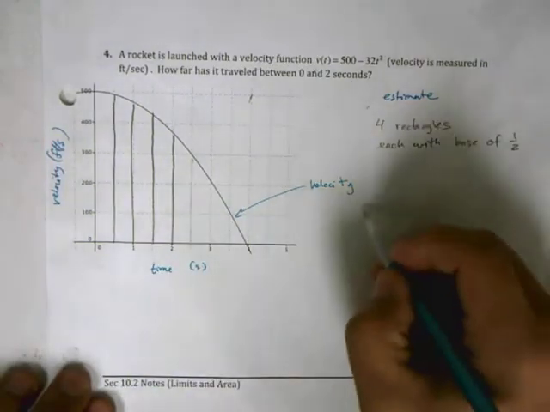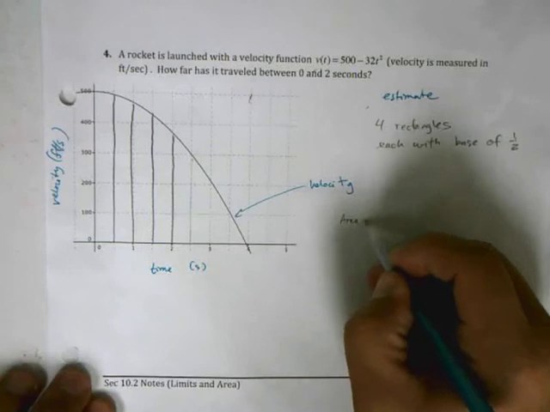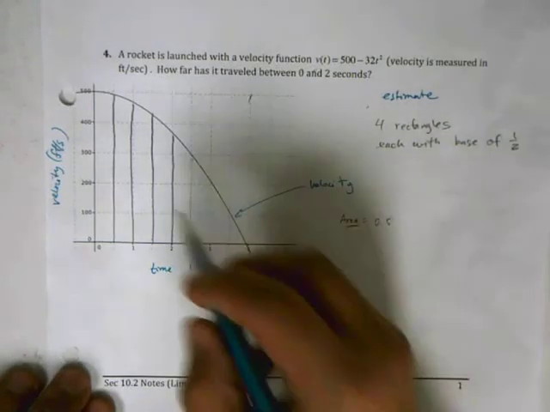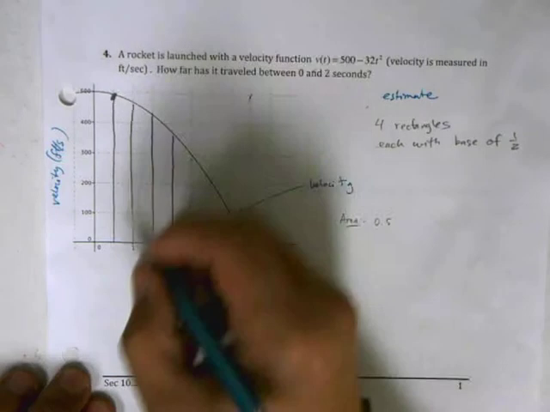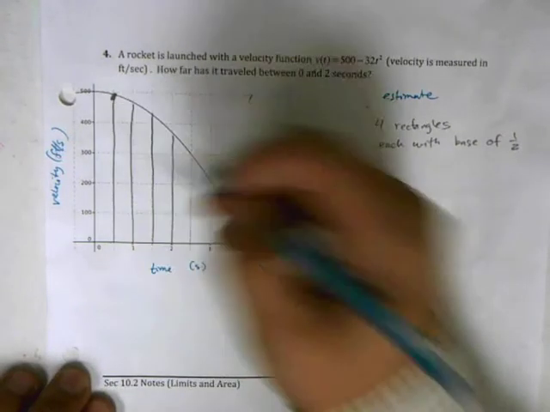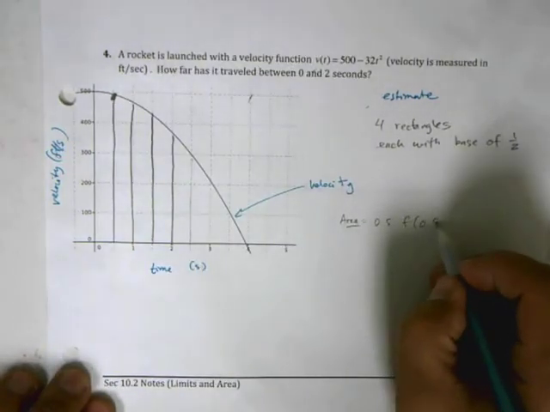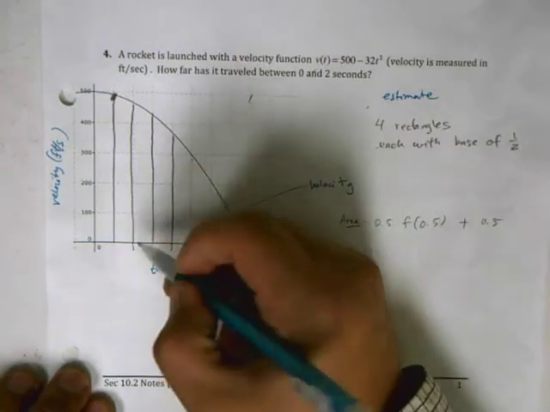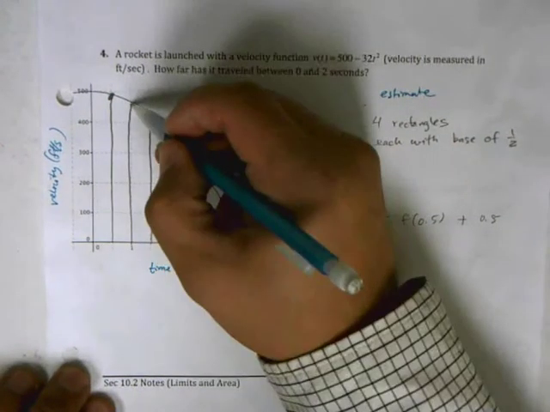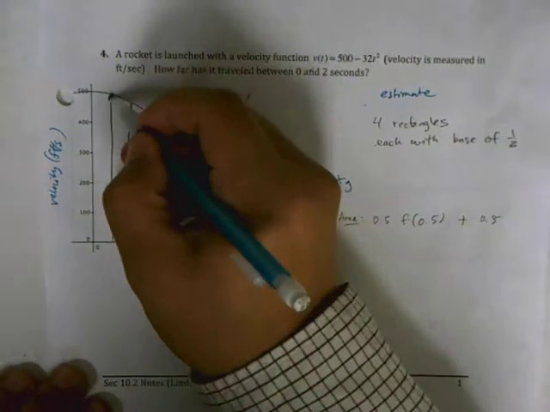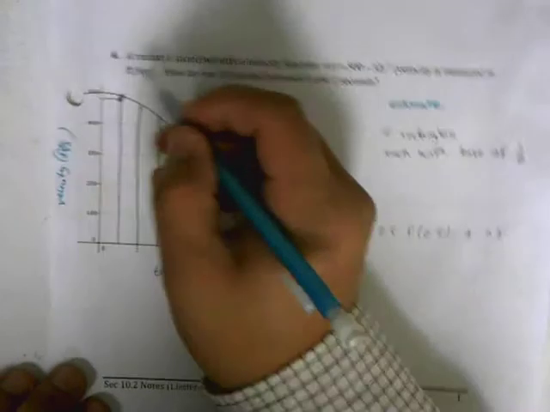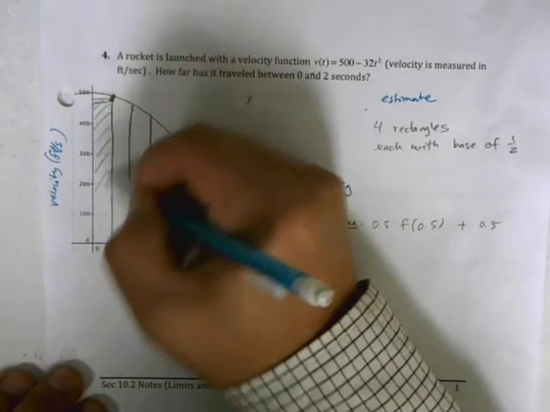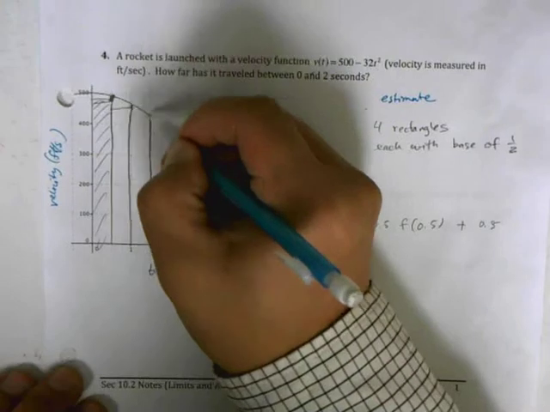So if I want the total area, it's going to be 0.5 times the height here, which is f of 0.5, plus 0.5 times this height here. I'm going to make the rectangles this way, so I'm going to take these points and just draw them in.